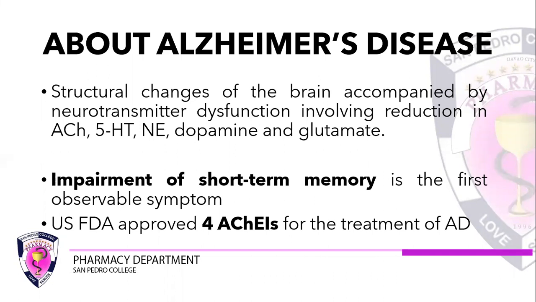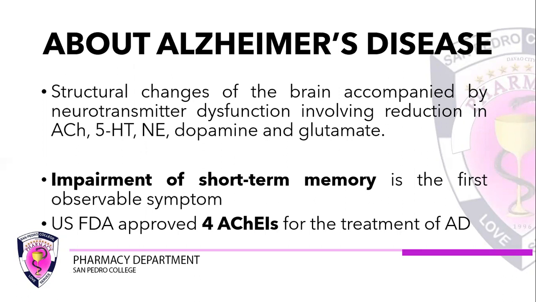Now, it is said daw, one of the physiologic mechanisms kung bakit nagkakaroon ng Alzheimer's disease involves the reduction of neurotransmitters. Examples of the neurotransmitters depleted are acetylcholine, serotonin, norepinephrine, dopamine, and glutamate. So with the help of acetylcholinesterase inhibitors, specifically, it would control and maintain the levels of acetylcholine.